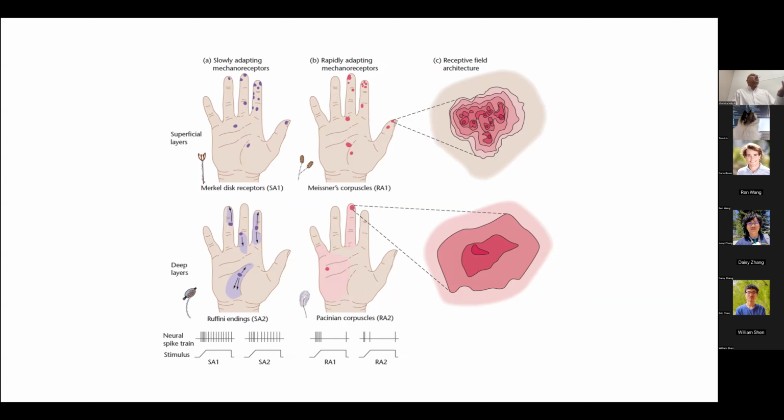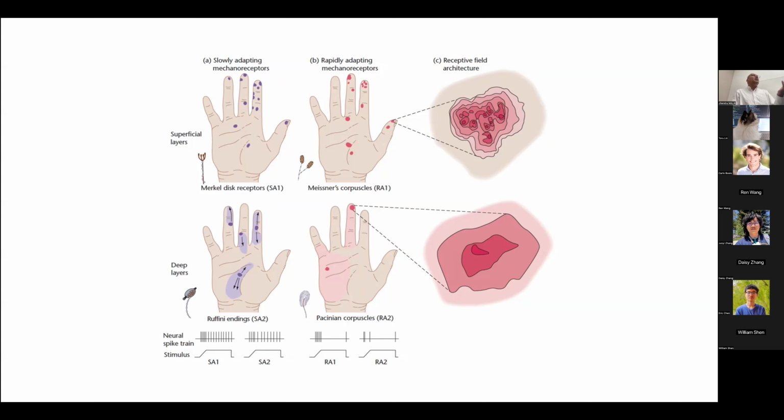The spike train of this RA1 here is Meissner's corpuscles. As soon as there is a stimulus, which is shown here, the stimulus was 0, and then it jumped up, so there's a step change. As soon as that change occurs, you get lots of spikes, right? And then once it became steady, it stops. So it doesn't respond to steady change.